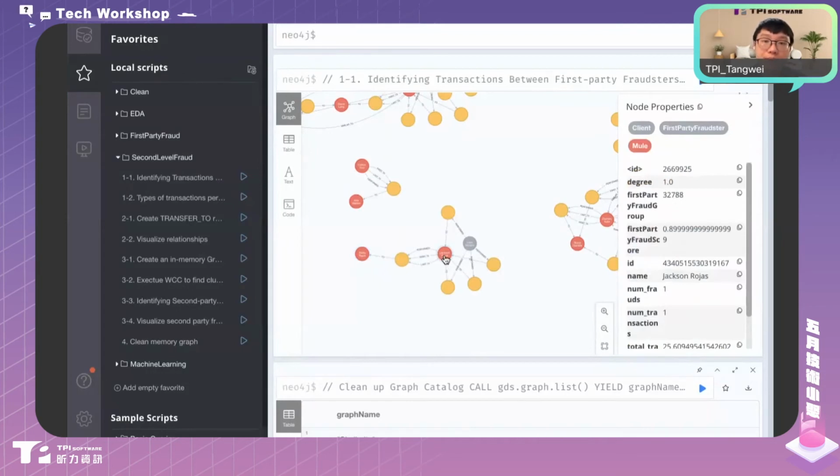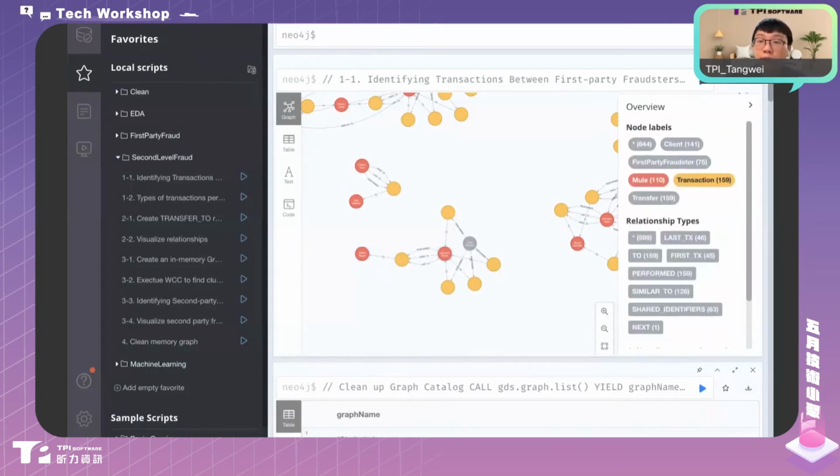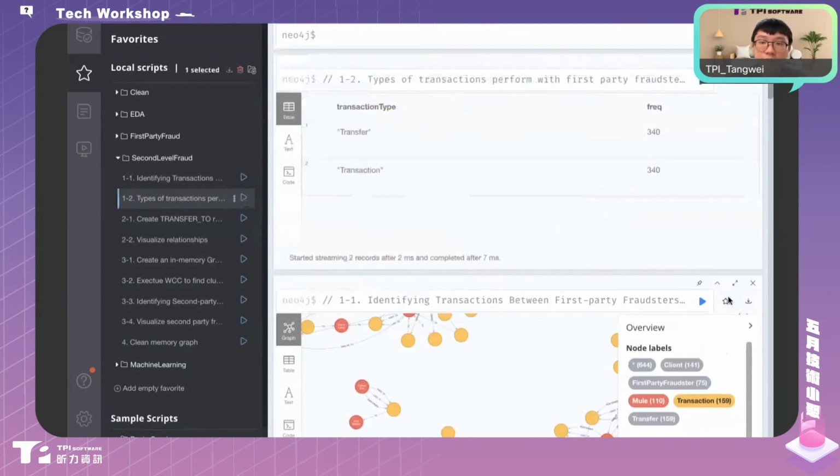So we identify this transaction between first-party fraudsters and clients. Okay, and then let's find out what types of transaction this client performs with first-party fraudsters. So we can see all these transaction types are transfers.